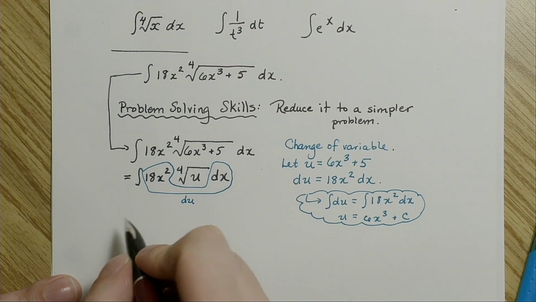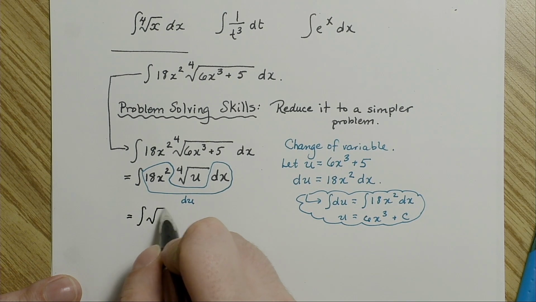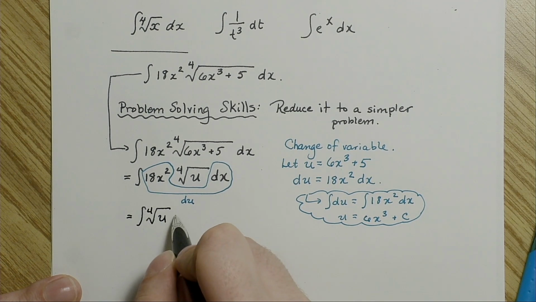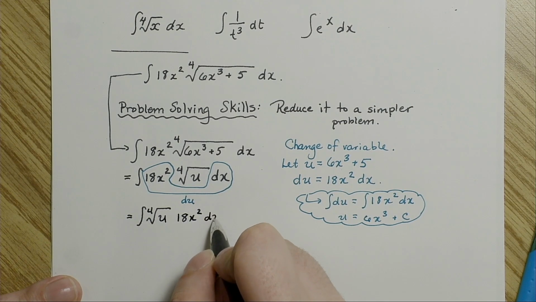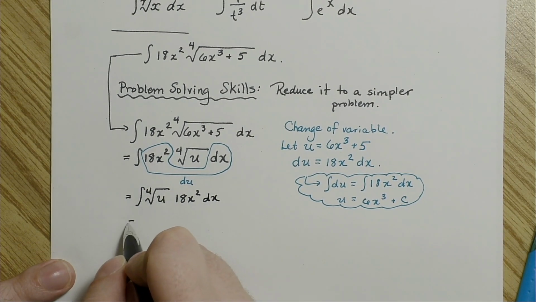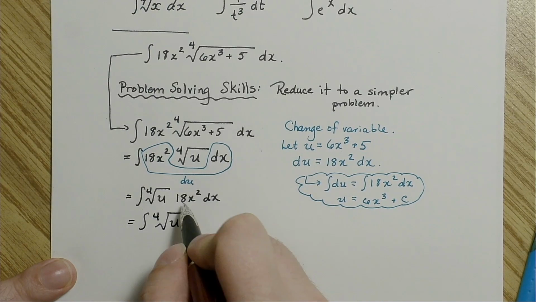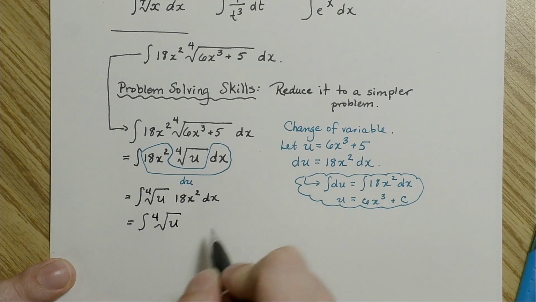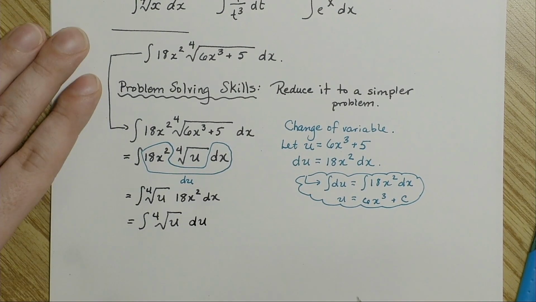I could just rewrite that here so that I have the integral of the fourth root of u times 18x squared dx, and that gets replaced with what we have for du. So it is just like that.